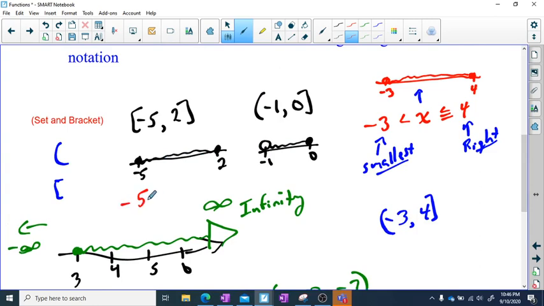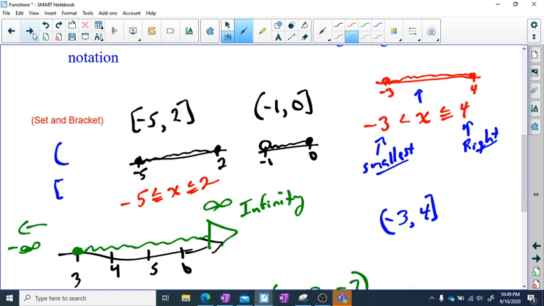That would be -5 is smaller than or equal to x, which is then in turn smaller than or equal to 2. So I have those. All right, so we do expect students to understand and be able to use both of those. Whichever you choose to use when you're writing out a set of numbers, that'll be up to you. You don't have to do both, but you are expected to understand and know how to use both.